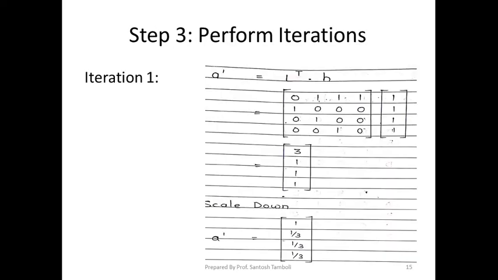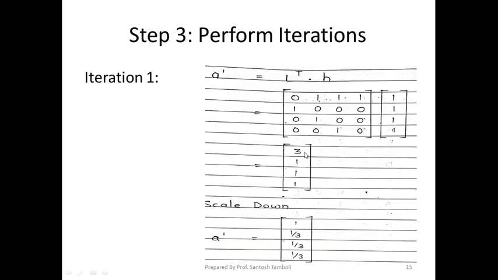Step number 3, perform iterations. So this is iteration number 1. A1 is equal to L transpose into H. So this is the 4 by 4 link matrix transpose, multiplied by the initial hub column vector 1 1 1 1. After multiplication, you will get the answer 3 1 1 1.